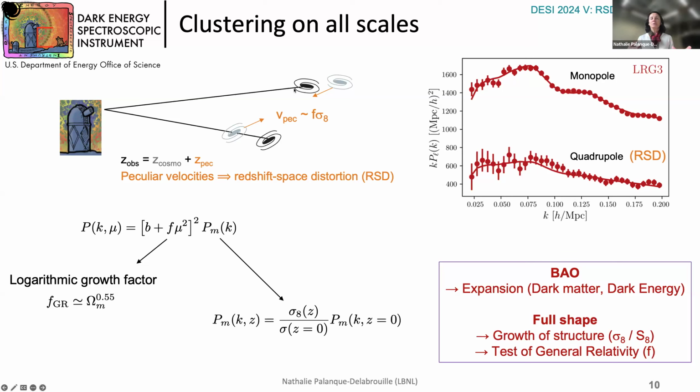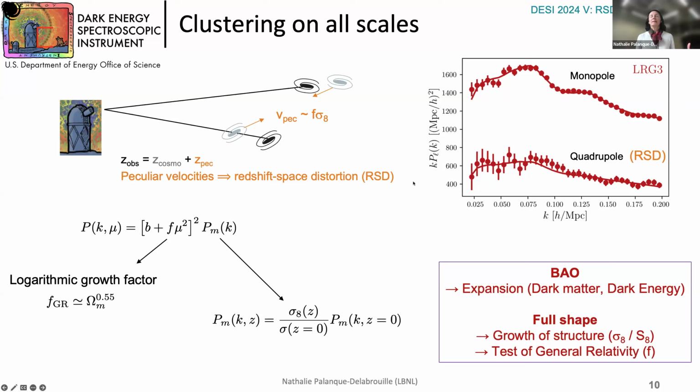And so that produces a distortion in our redshift maps, which can be captured through the measurement of the Legendre polynomials shown here. And the mere existence of this quadrupole term in this expansion is the imprint of these redshift-space distortions, and so the impact of the peculiar velocities of galaxies.